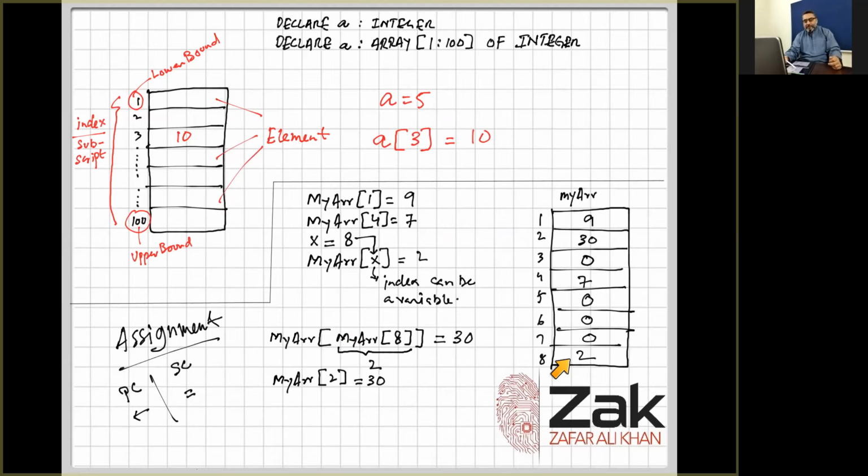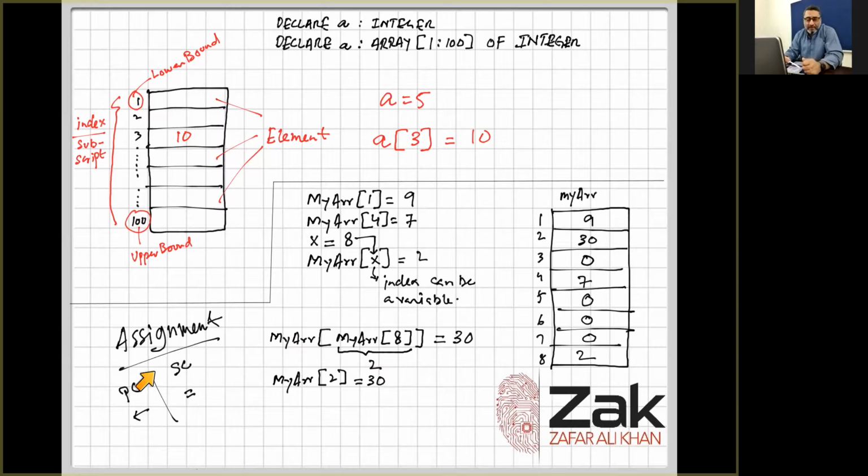So this will be treated as MyArray[2]. So first we solved MyArray[8], which means it is 2 here. And then MyArray[2] will be 30. So first of all, we need to solve it and find the value out. That value will become the index for the array, and at that index, this value will be placed.